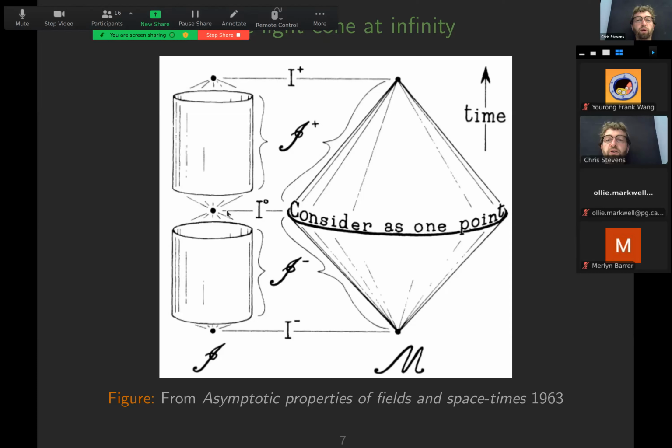If you look at the topology on the left-hand side here, it really is just a point, just like I plus and I minus, if you are a time-like observer going into the past. And if you are a light ray, and in this picture you're going at 45 degrees, you end up on the spinning top.